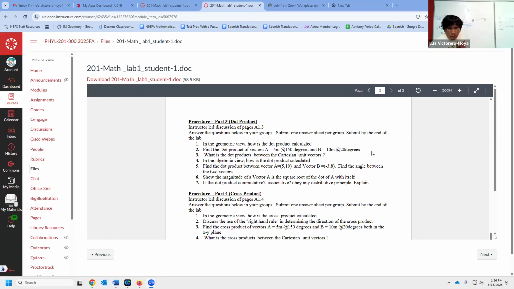This one, I want to show you the dot product using the vector components. The magnitude of the vectors we already went through.